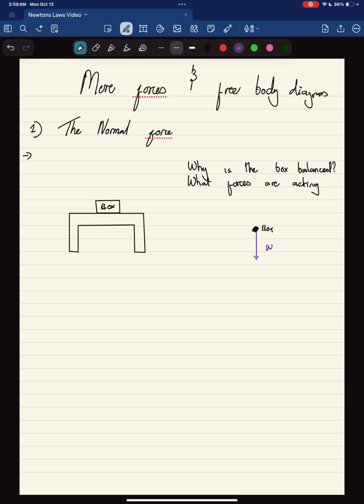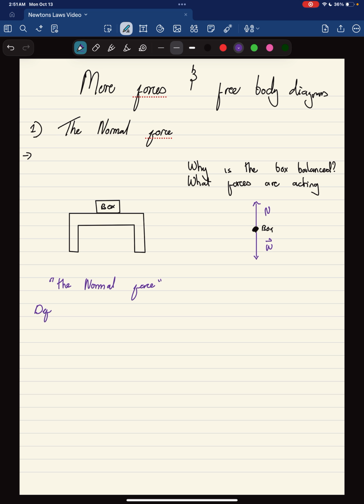Like we see here, the box will act on the surface with its weight, but the table will act a force on the box as well, and that force is equal in magnitude to the weight and is called the normal force. So what's the normal force?